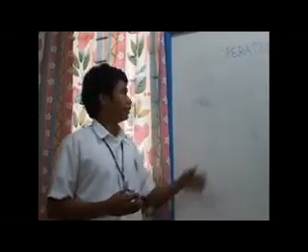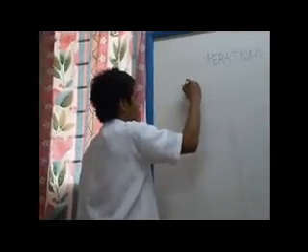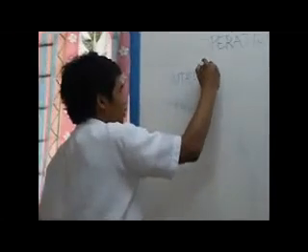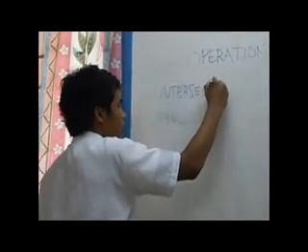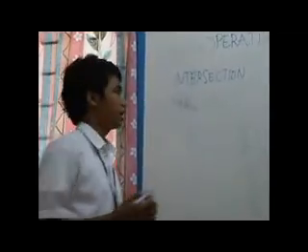The third operation on sets is the intersection. The symbol for intersection is like this.